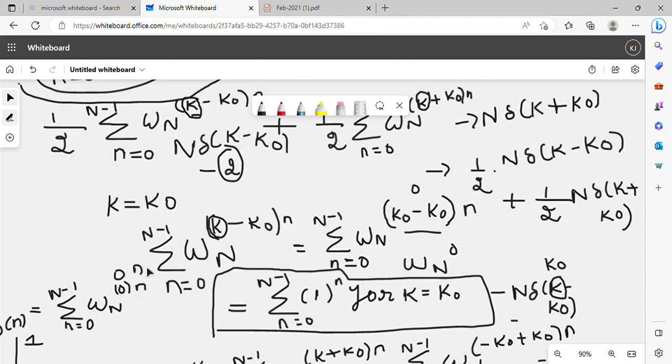You need not multiply this 0 and n, it is only for omega N. So only consider omega N to the power of 0. Don't multiply this 0 into n. Simplify only omega N to the power of 0 and keep your n as it is. Omega N to the power of 0 becomes equal to 1, and this n will stay in the power place itself.